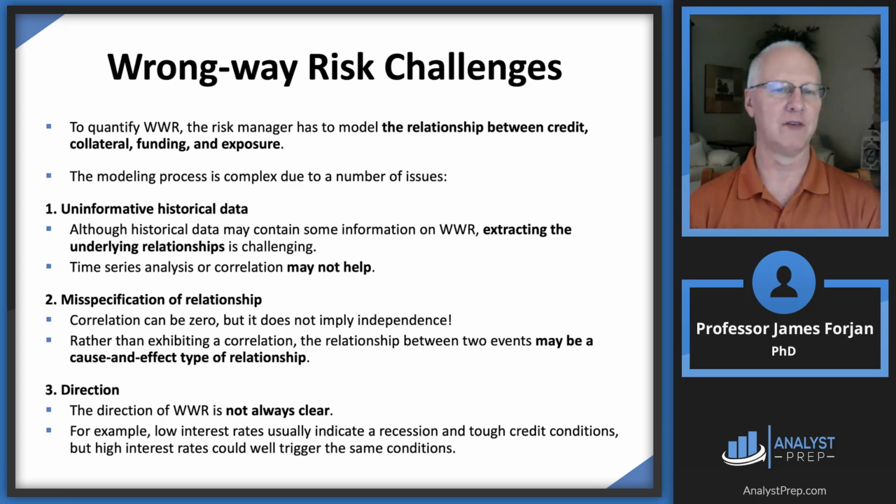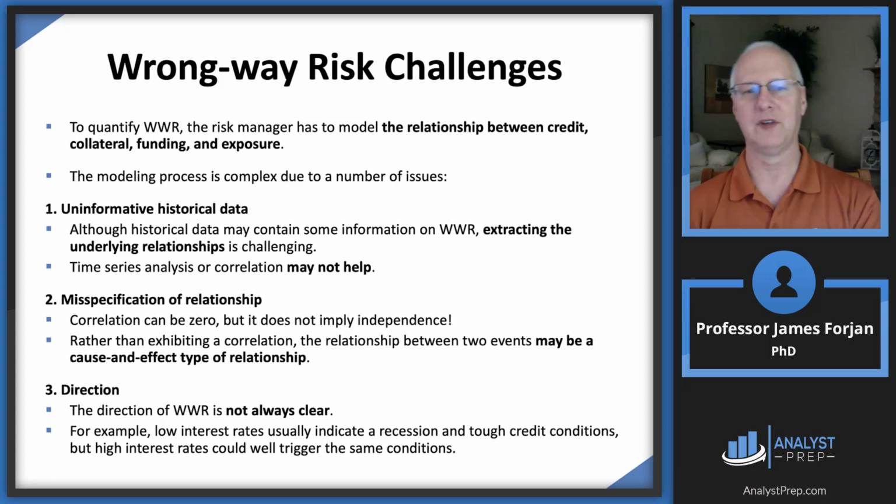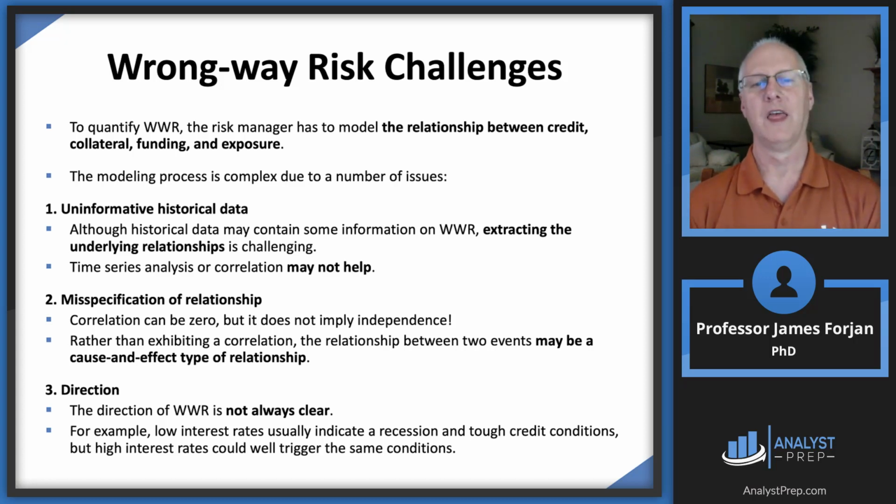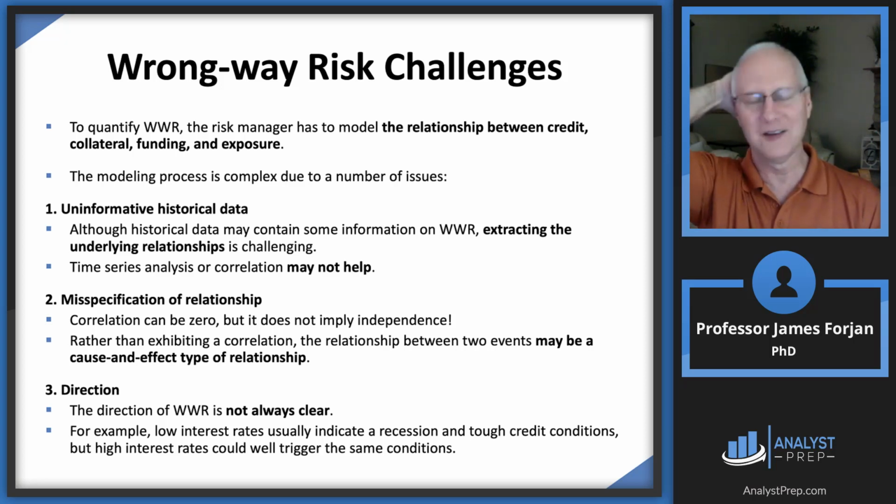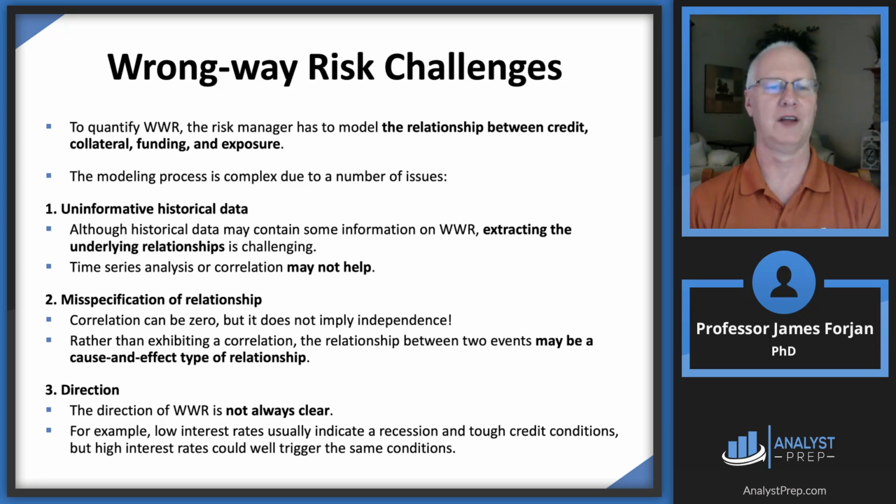Extracting underlying relationships is challenging, in time series and correlation. And so what word did I use earlier on? Heteroscedasticity and serial correlation may not help. Now, I remember sitting in my PhD classes, scratching my head thinking, why did I just do all that stuff if it's not going to help me?